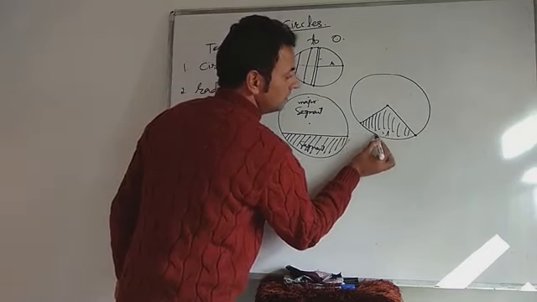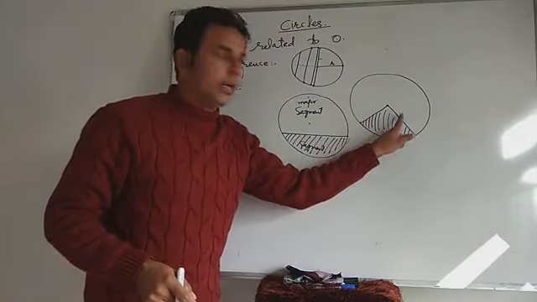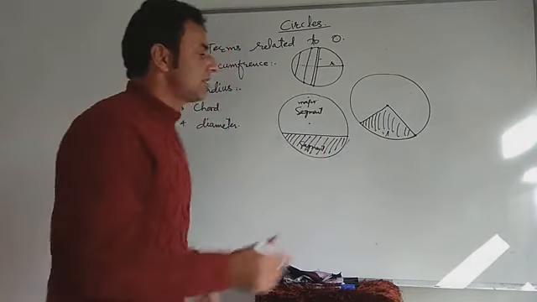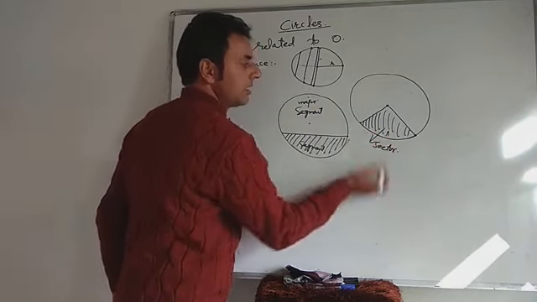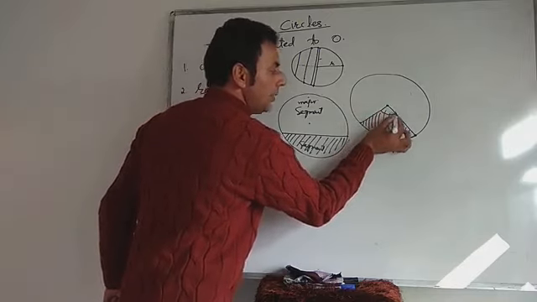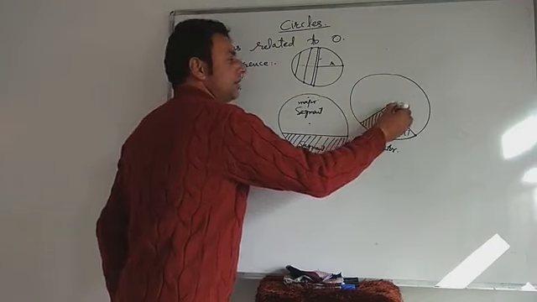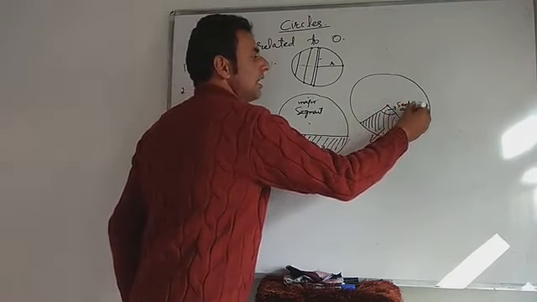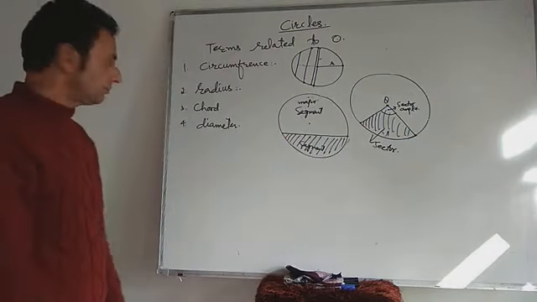See, this region which is enclosed by two radii segments and their corresponding arc is called sector of the circle. The angle of inclination of these radii segments at the center of circle is called sector angle, and this sector angle is denoted by theta.